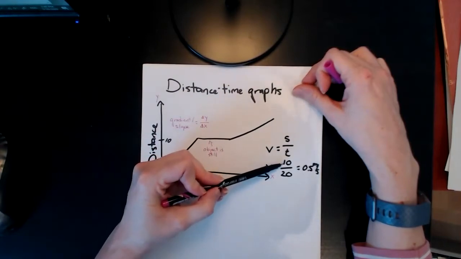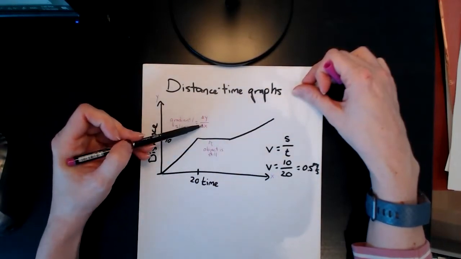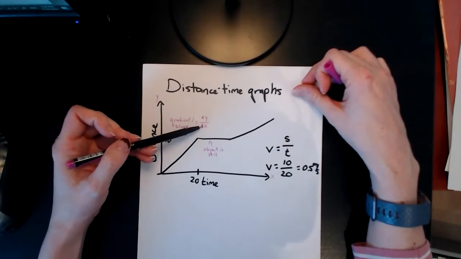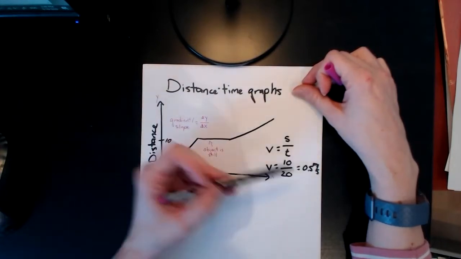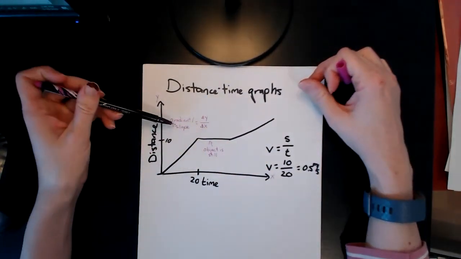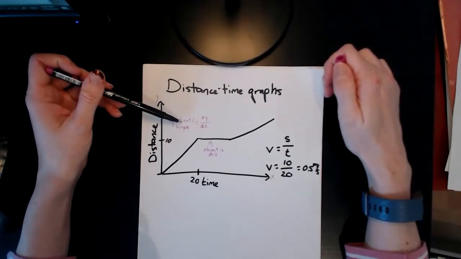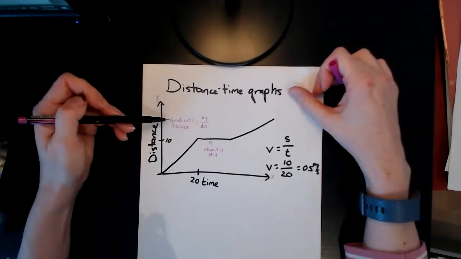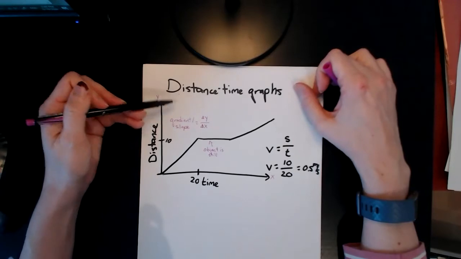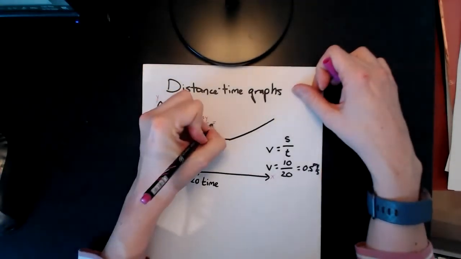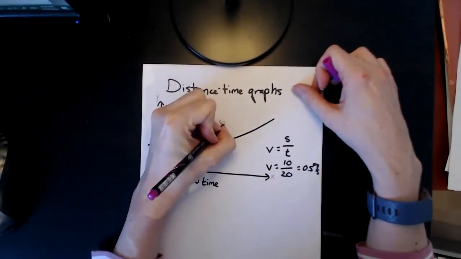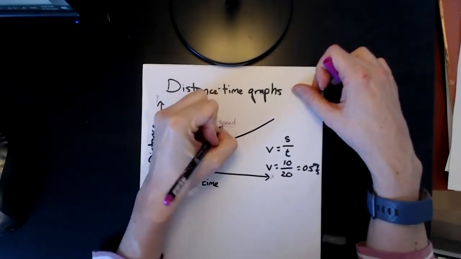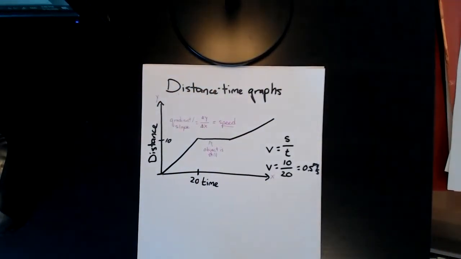And so that's your change in y, and it's gone over by 20. So that's your change in x. So 10 divided by 20, which is 0.5. So the idea for this is that the gradient or slope of a distance time graph is the same thing as the average speed of that object, right?